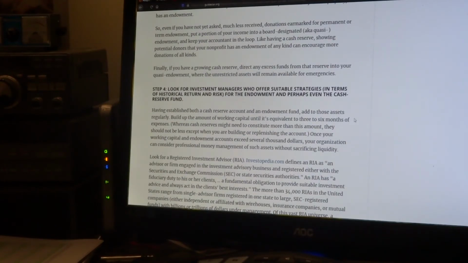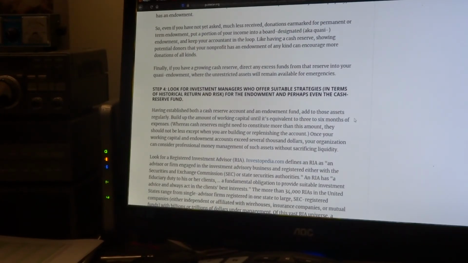Unrestricted means the board, or whoever is managing the endowment with the nonprofit, which typically is a board, can do whatever they want to with the money that comes in from the endowment.